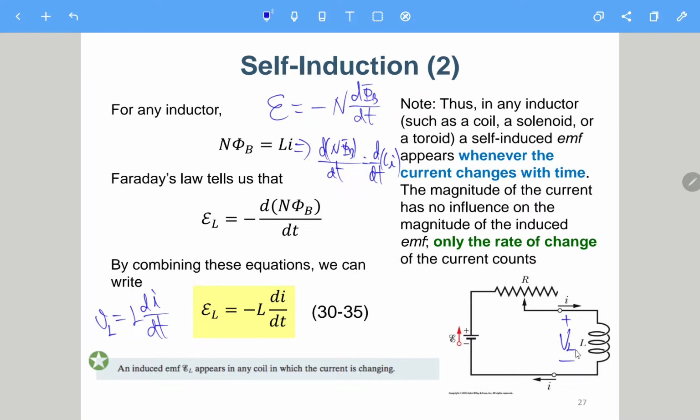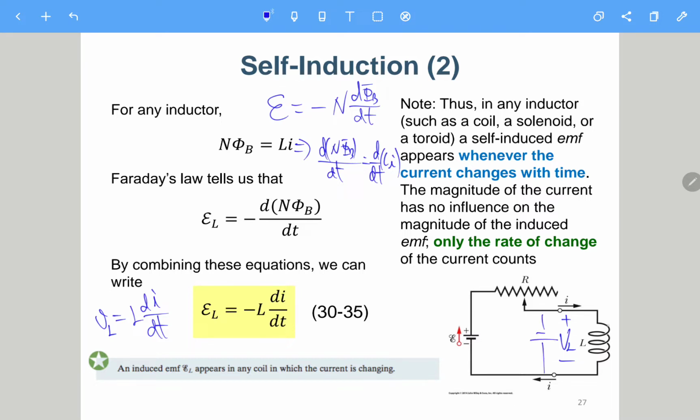So for the inductor, V L, this side will have a higher voltage, this side will have a lower voltage, or you can just regard it as a battery with a reverse sign. So it is actually the same, it just depends on how you look at it. If you regard it as a voltage drop, this is positive, this is negative. If you regard it as an EMF, you can regard it as a battery.